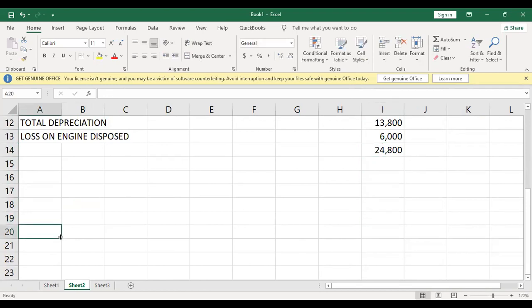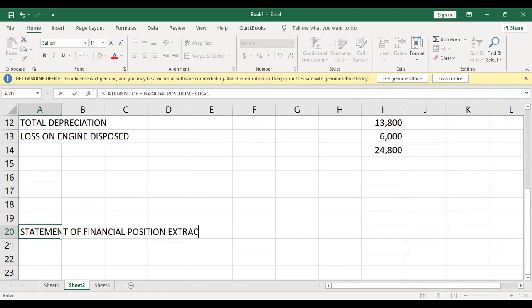Okay, so let's go back to the statement of financial position. There's an extract as at 31st March 2019.